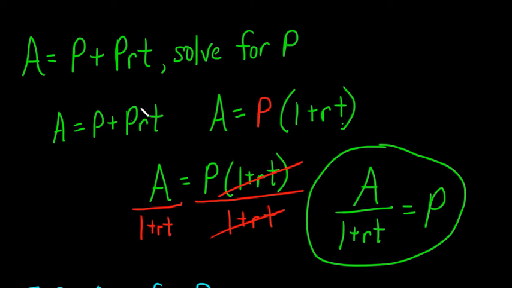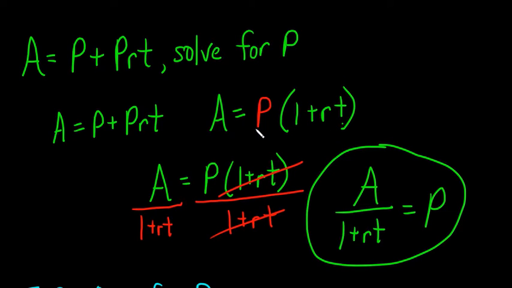The first thing I noticed when I wrote this, I just wrote it again right here, was that both of these have a P. I could factor out a P. So I did that, and I tried to show it to you in red that I factored out a P. When I did that, I had a 1 plus RT left.